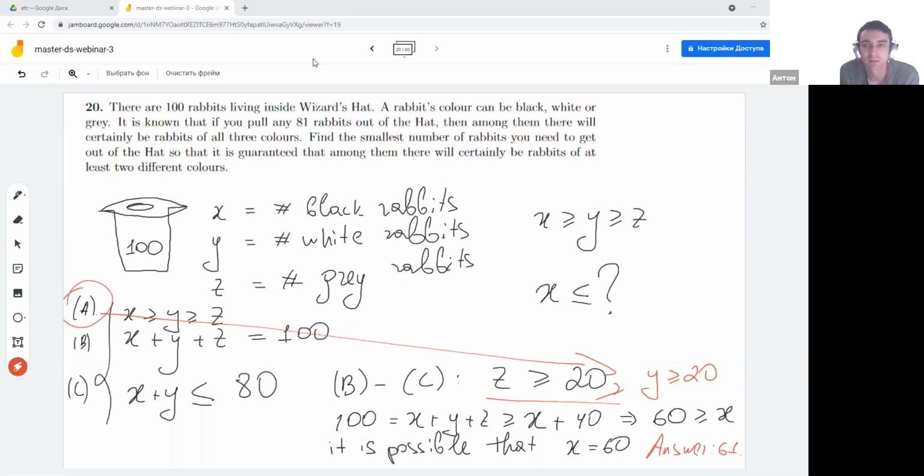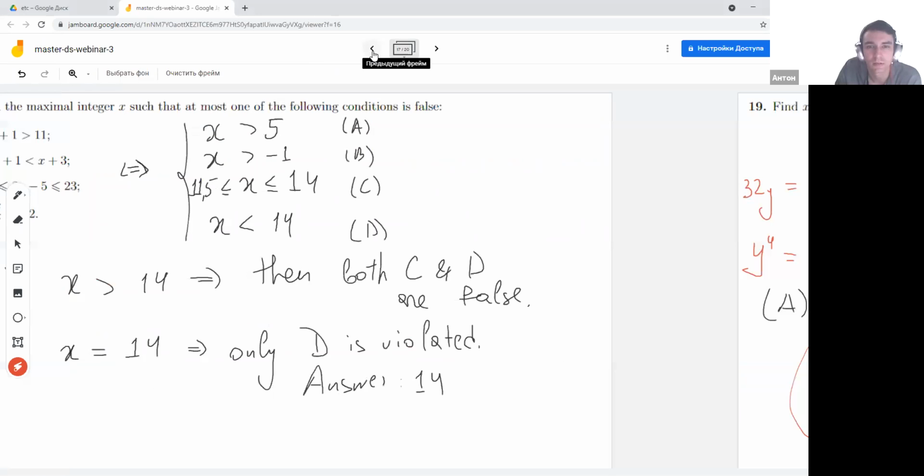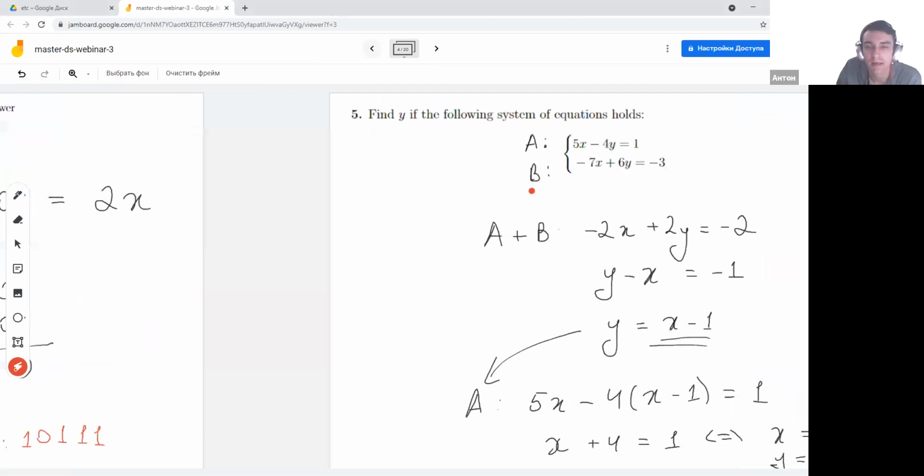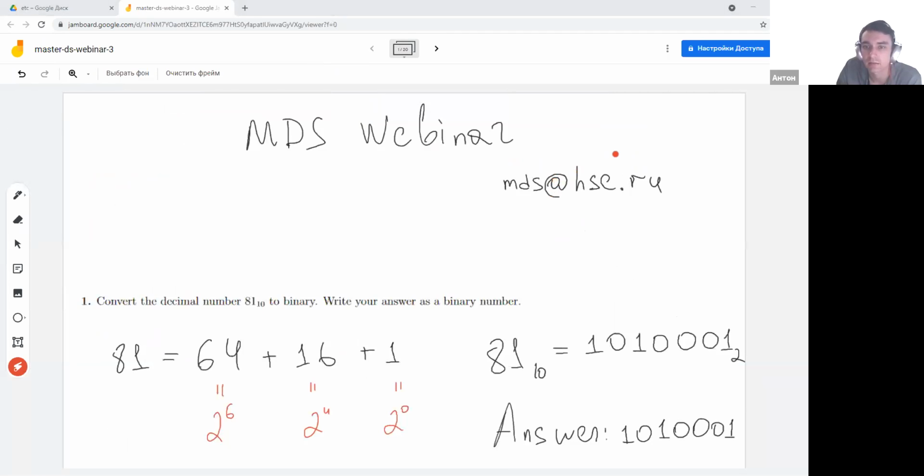If you're worried, please ask. I can again only refer you to the email I've given. Let me switch to the first slide. It's written there. Here it's MDS, which is Master of Data Science at hse.ru, and they should know all the answers for the organizational questions.